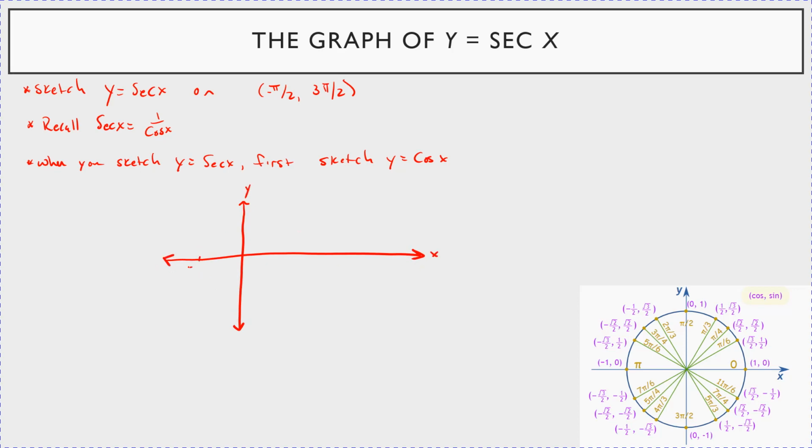So here's negative pi over 2. Here's pi over 2. Here's pi. Here's 3 pi over 2. So again, what I'm first going to sketch here is cosine.